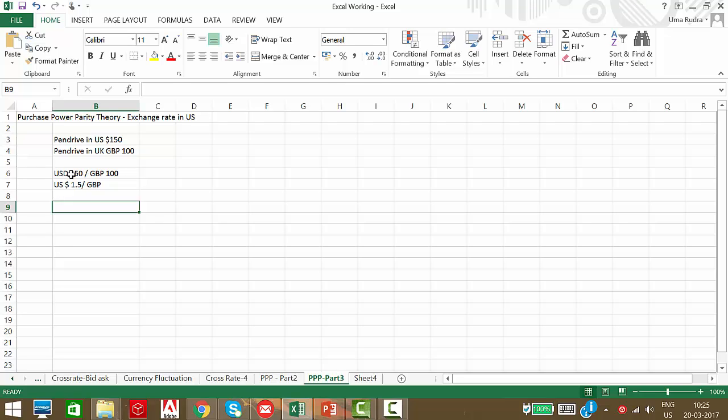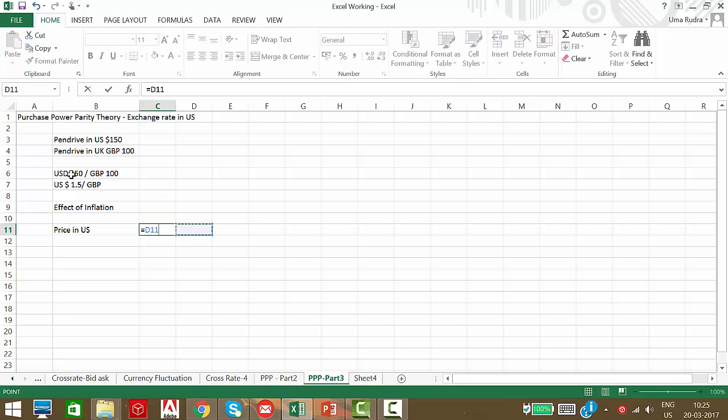Now what would be the effect of inflation? Because inflation is 10%, the price in US would be the current price into 1 plus the rate of inflation in US.